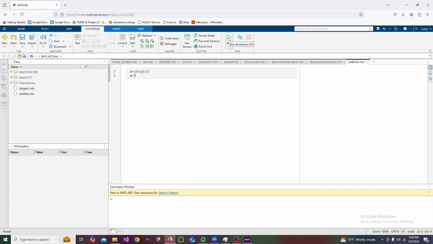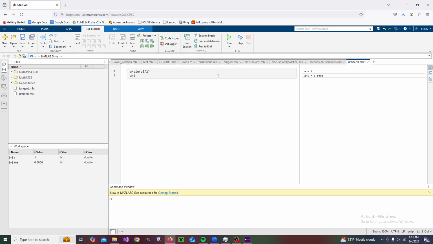So once I hit run, it's going to do that, and we can see up here it said a equals 1, because that is what sine of pi over 2 ends up evaluating to. And then I just said a divided by 2, and it spits that answer out right there. So essentially, instead of typing in sine of pi over 2, oh that's 1, divide by 2, I gave it all the instructions at once.